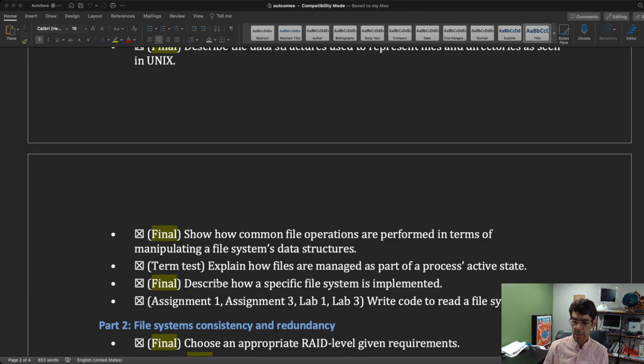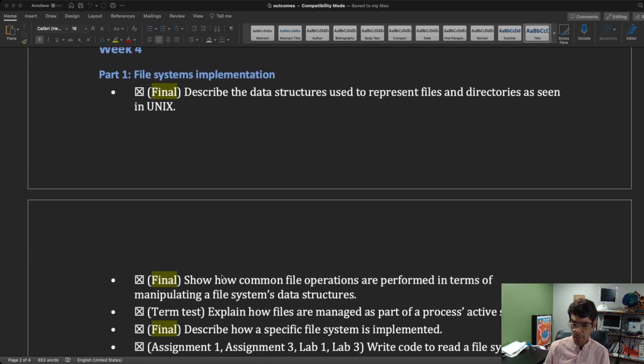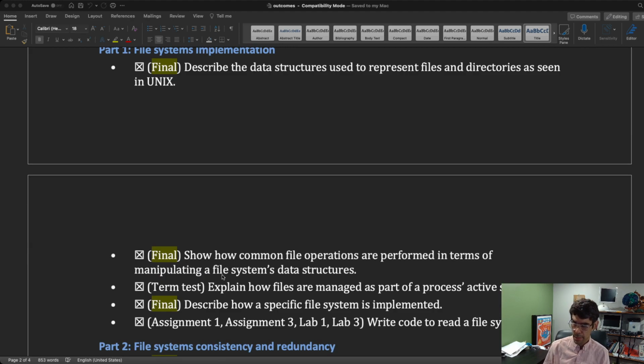So high-level data structures, approximate location of where things are, and the order of operations, or less specifically and more generally, what data structures are modified when something happens, so when we're making changes to a file.